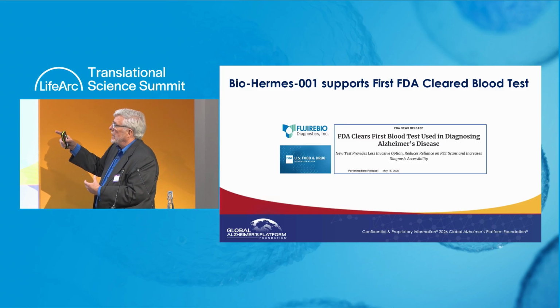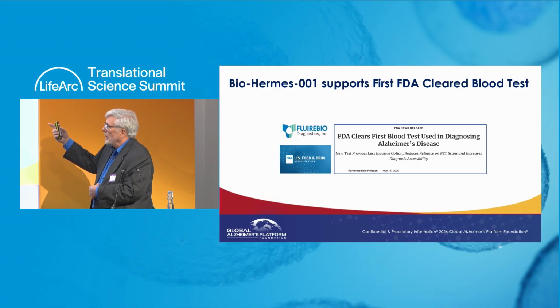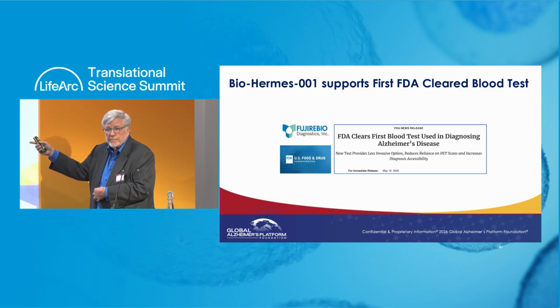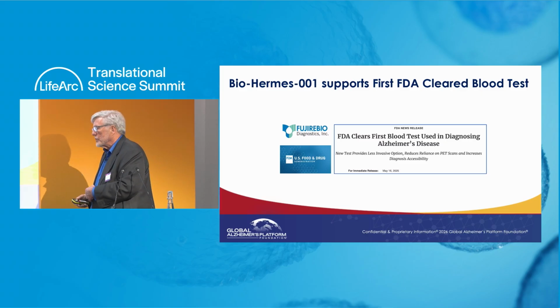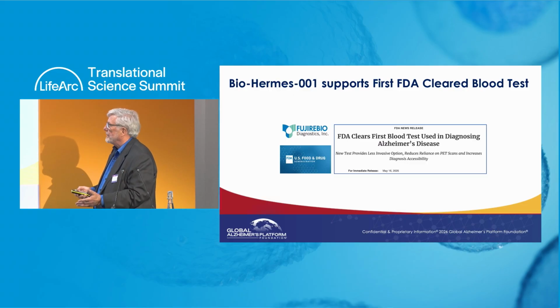That study turned out to be one of the 3 data sets that Fujirebio used to get its first clearance. And with that approach, we've become increasingly confident. Look at May 16 of last year.